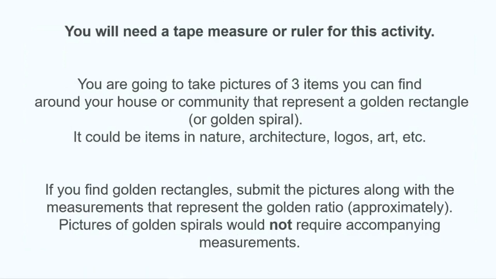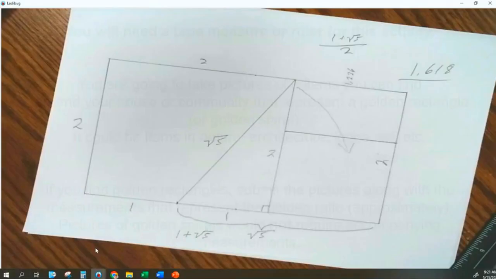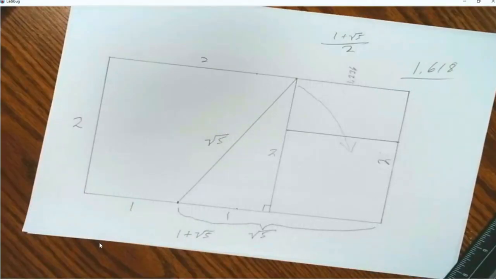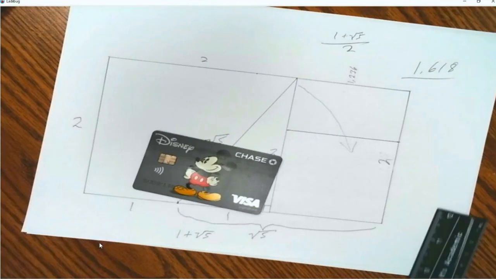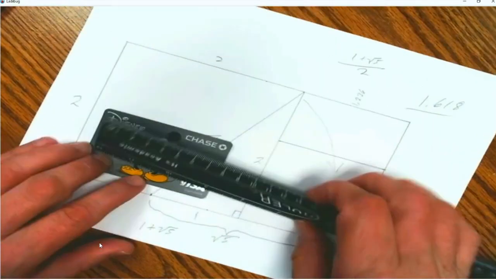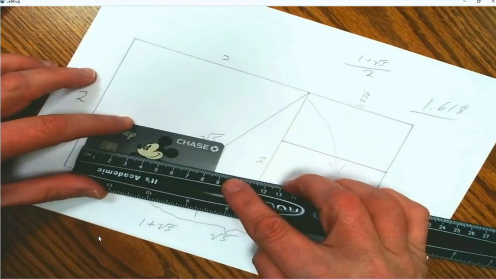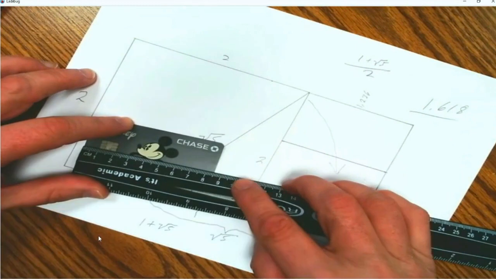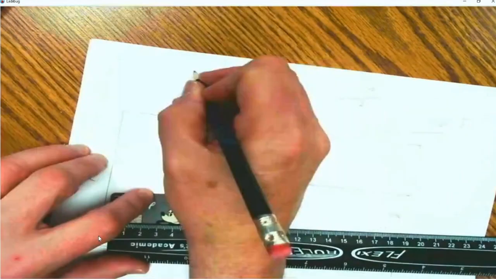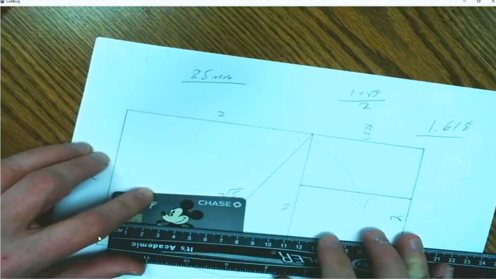I do want to show you one thing I noticed right away. So here's a credit card. Mr. Brock has a Mickey Mouse credit card. I'm going to measure the centimeters. It looks like it is 8.5, or we can say 85 millimeters. All right, 85 millimeters.